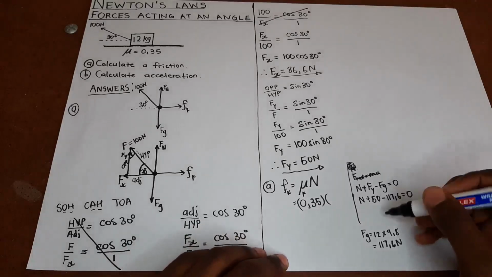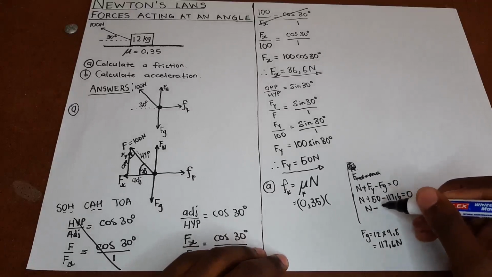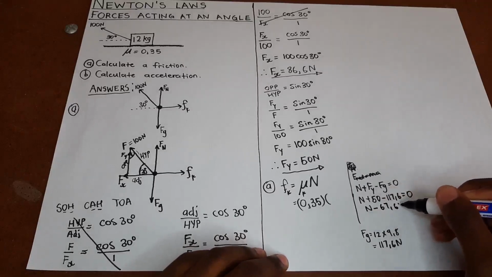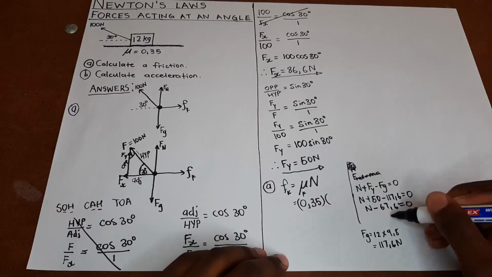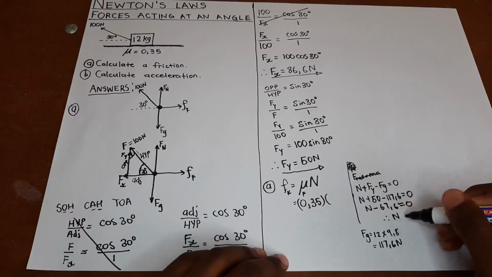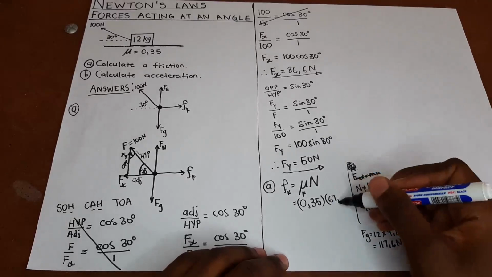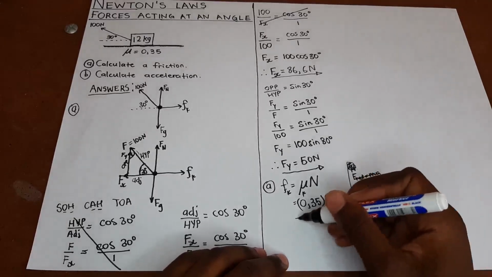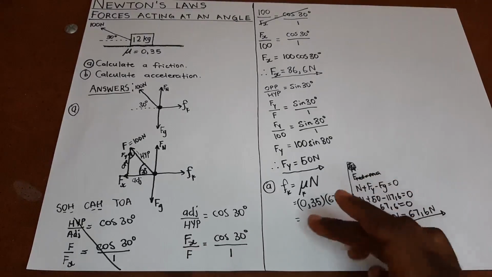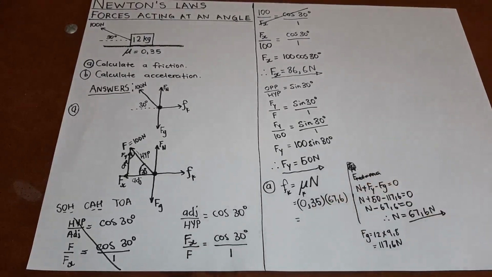It gives us N minus 67.6 newtons equals 0. Therefore, our normal force is equal to 67.6 newtons. Then our frictional force is equal to 0.35 multiplied by 67.6. Let's go back to our calculators.